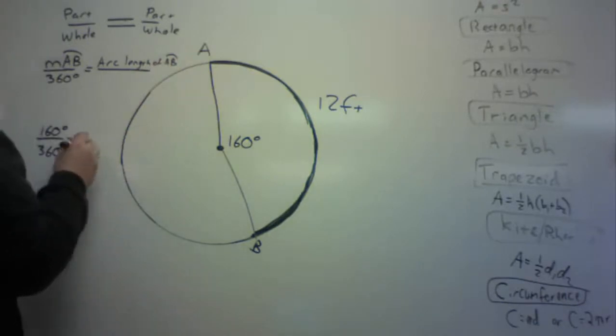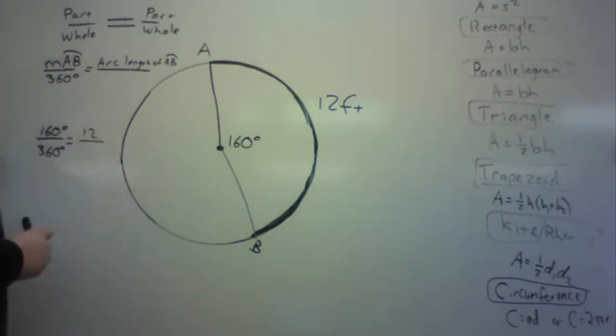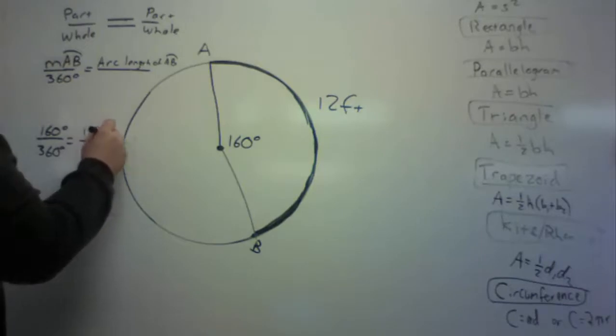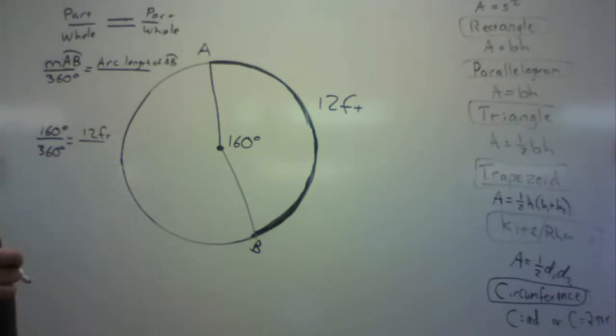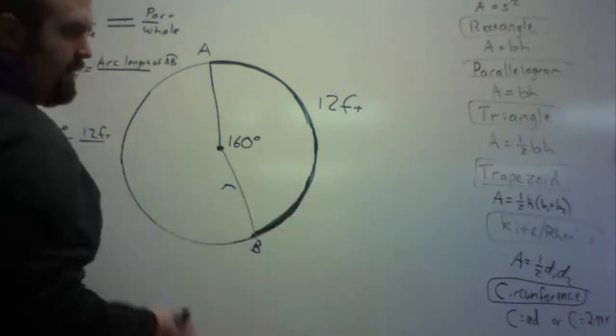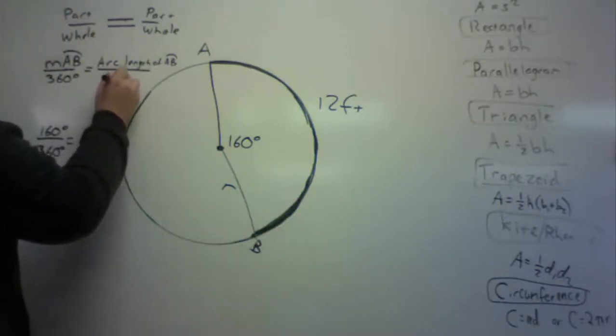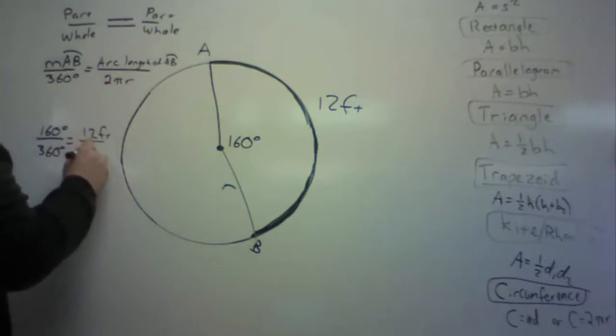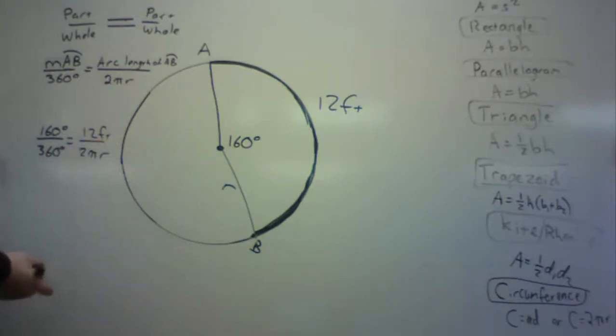In this case, I know it was 12 feet. And that will be equal to the full circumference. We're going to use 2 pi r, so this would be 2 pi times whatever the radius is. And that's how we set up a problem like this.